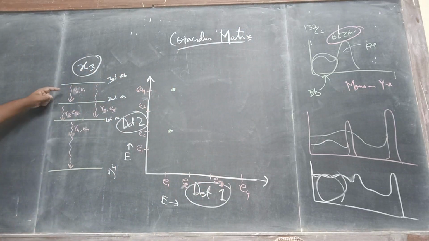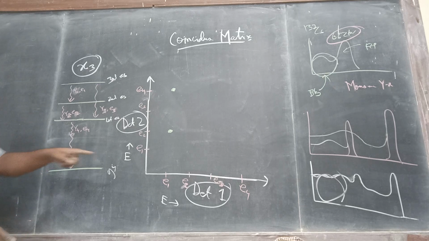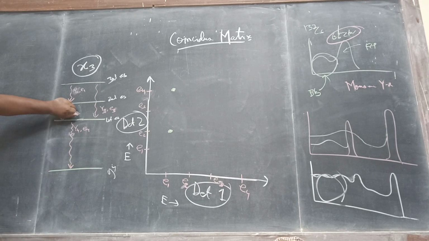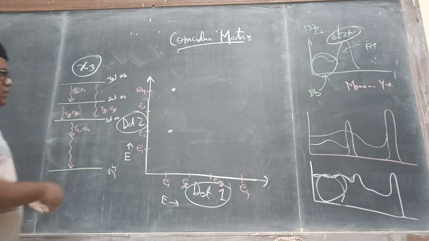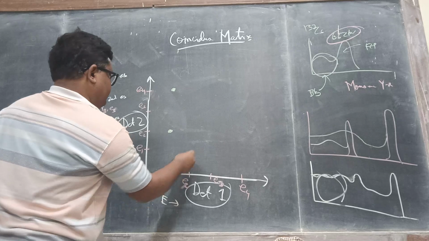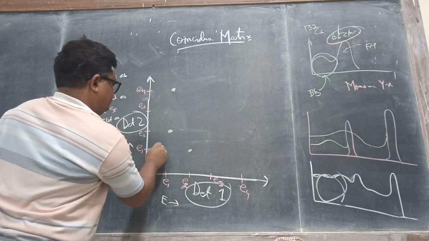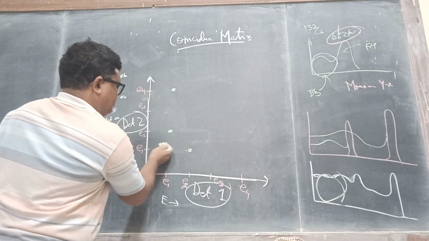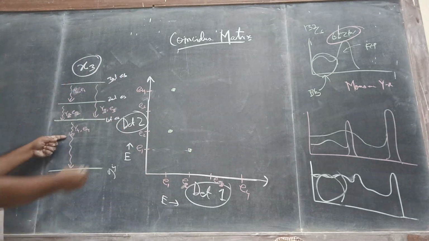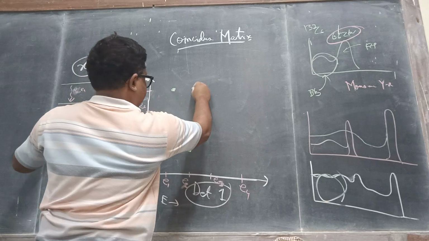Next, suppose I am detecting E2 in detector 1. Which one will be coincident? E1 and E4. If I detect this one, then these are the coincidences with it. So here E1, this one, and E4, again this one.